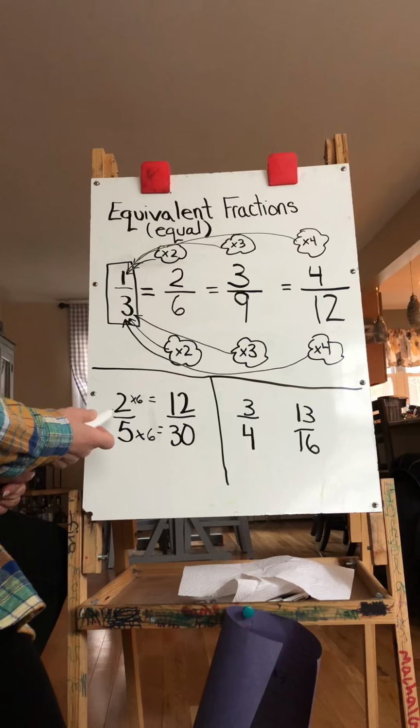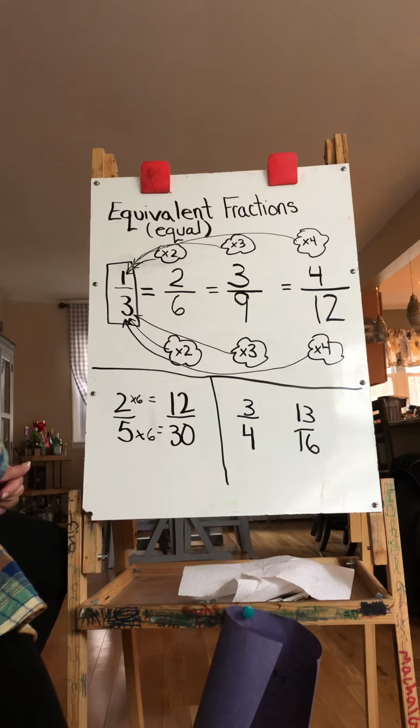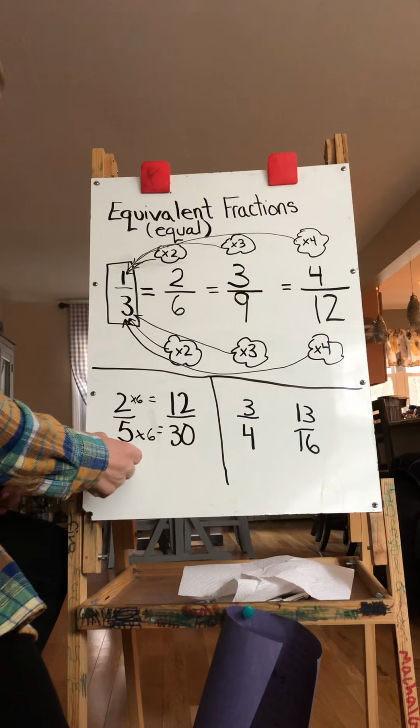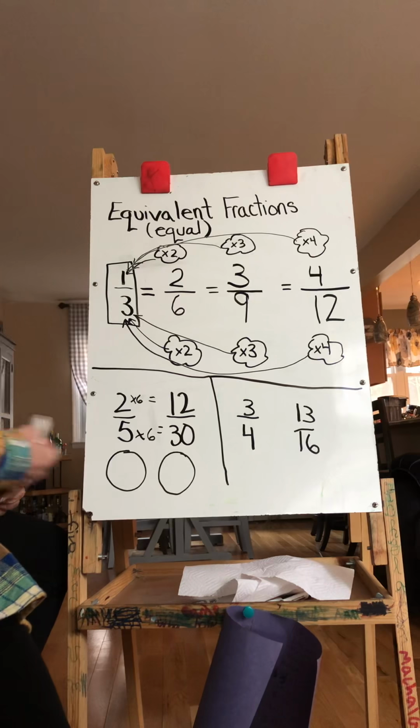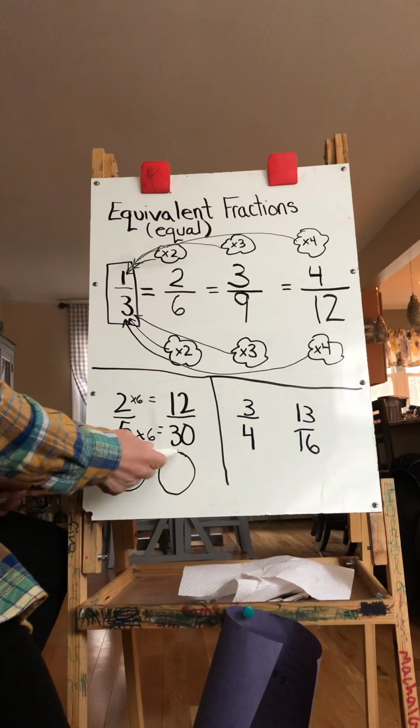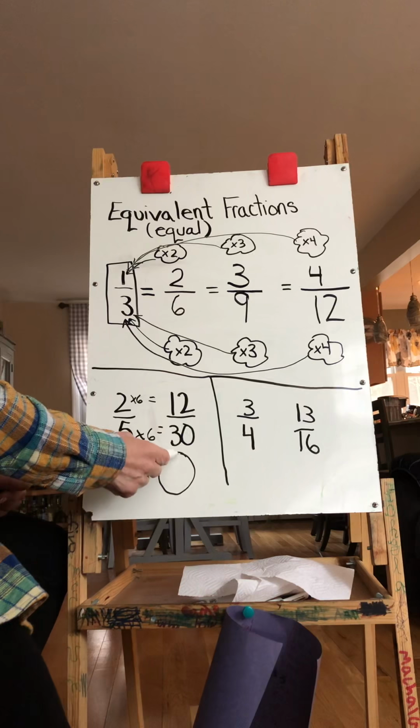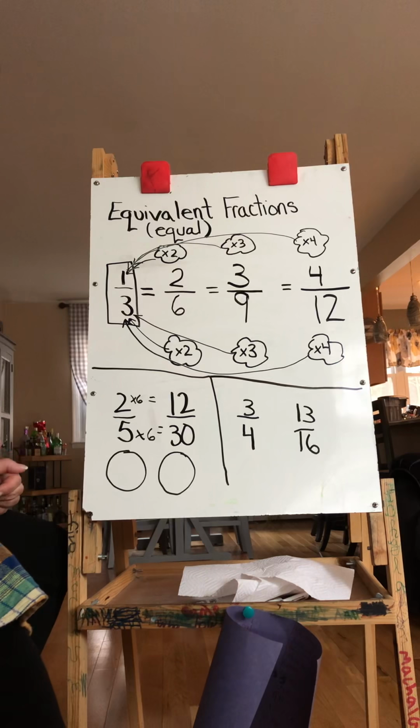If you ate 2 out of 5 pieces of pizza and 12 out of 30 pieces of pizza, and the 2 pizzas are the same size, 12 small pieces out of 30 would be equivalent to the 2/5 pizza. They would cover the same amount of surface area.